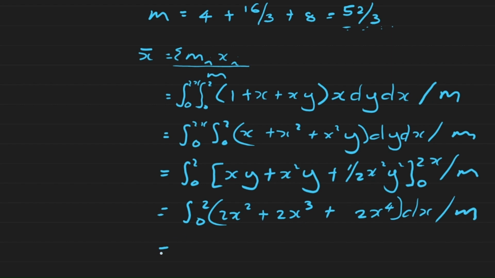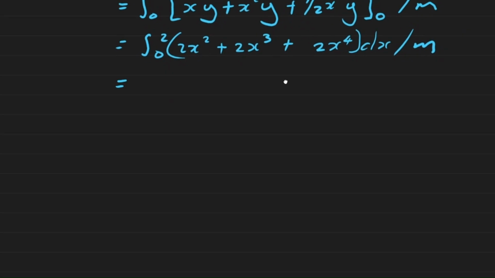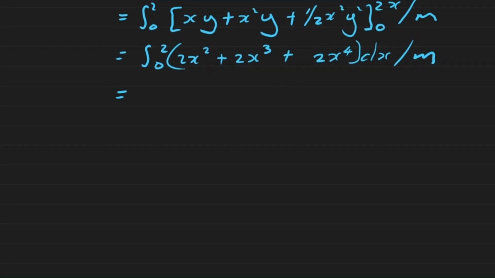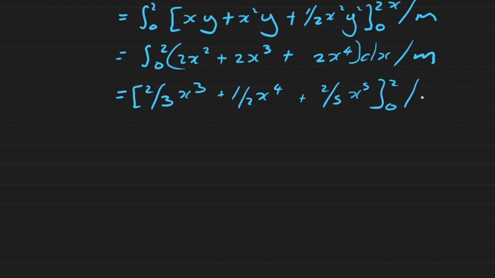And if we continue with that, what we're left with is 2 over 3 x cubed plus a half x to the power 4 plus 2 over 5 x to the power 5, and integrating this from 0 to 2.